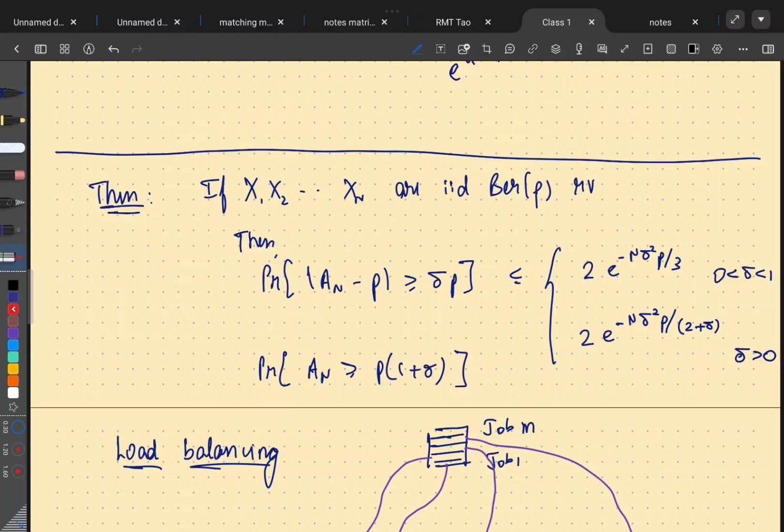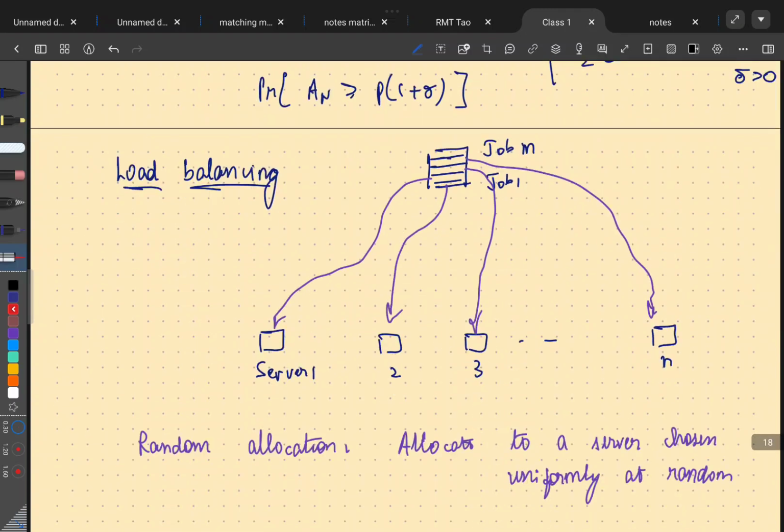This particular expression is less than or equal to 2 times e to the minus n delta square p divided by 2 plus delta.